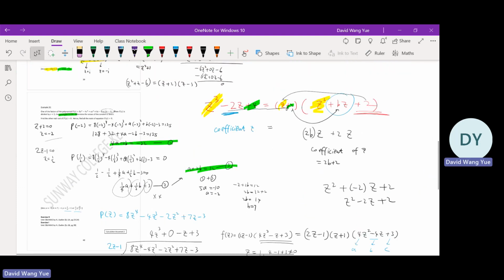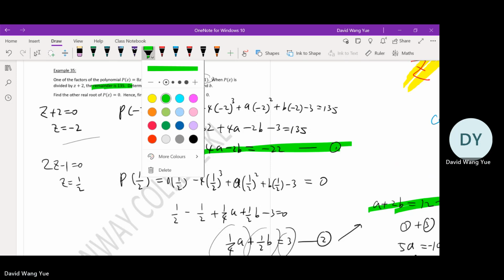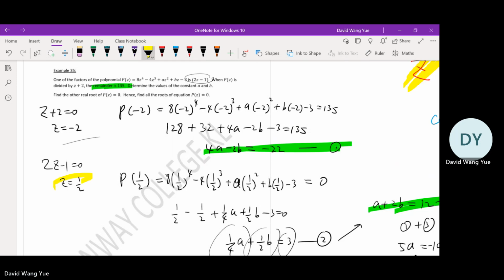Okay, so this question is very long, so I just quickly recap with you. Now, initially, we sub z equals half. P half is equal to 0. This one is the factor theorem.